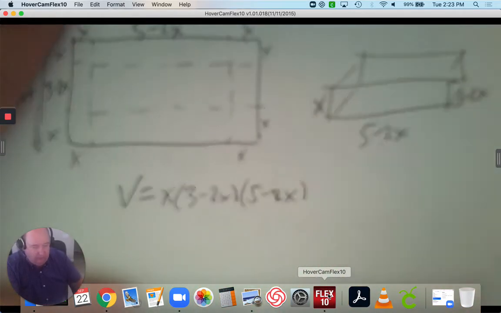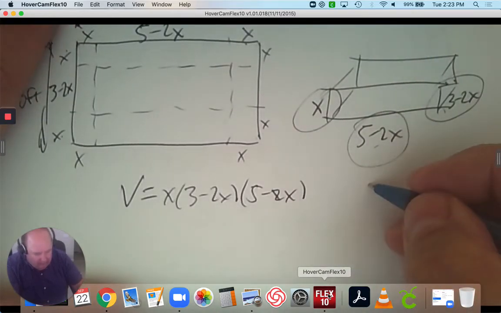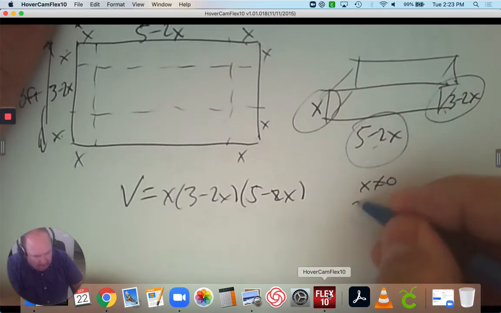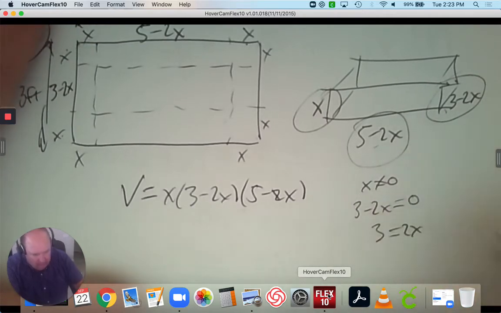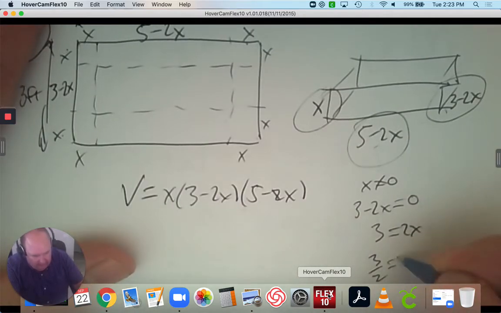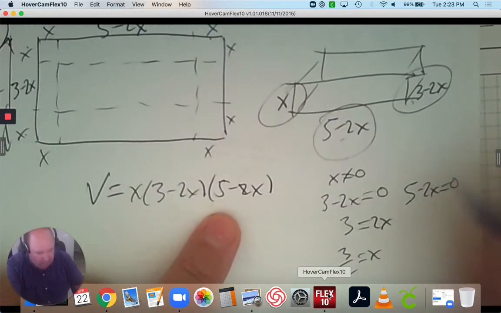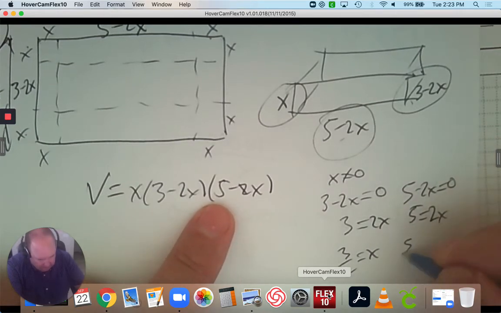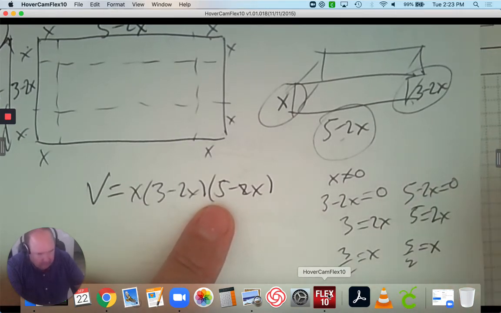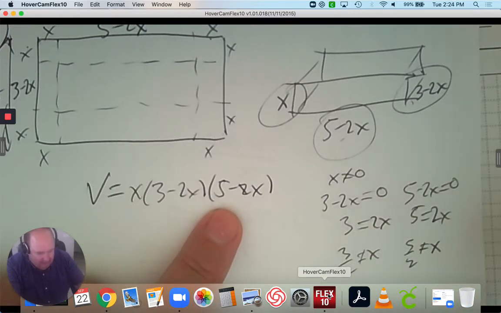So it's x. Each dimension you multiply together to get the volume. Recognize that x cannot be 0. 3 minus 2x, if you made that equal to 0, and divide, and if you did the same thing here with 5 subtract 2x and divide, just recognize the answers that it can't be.